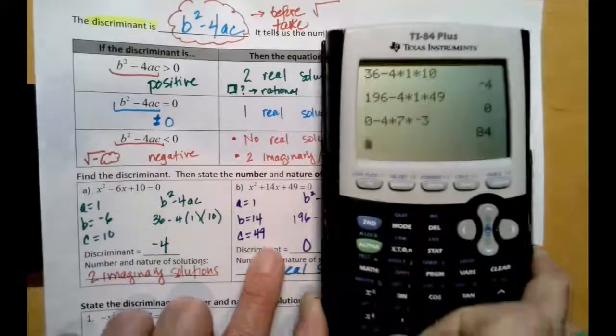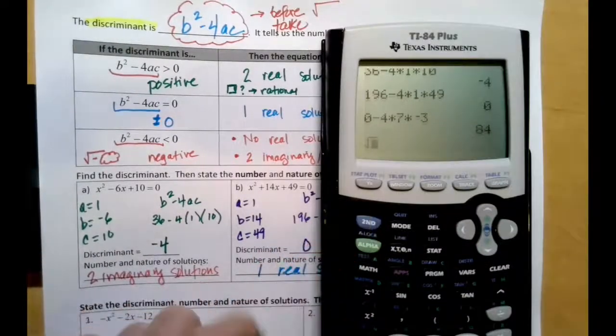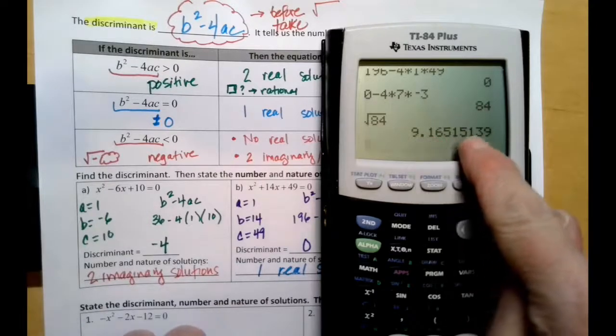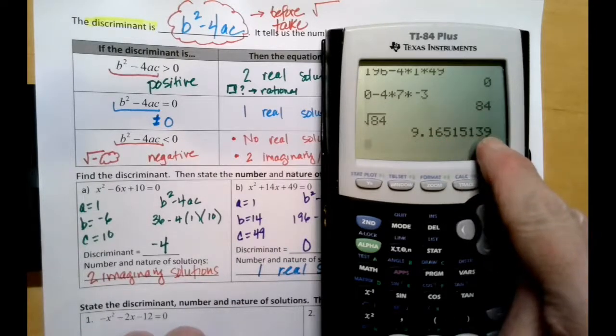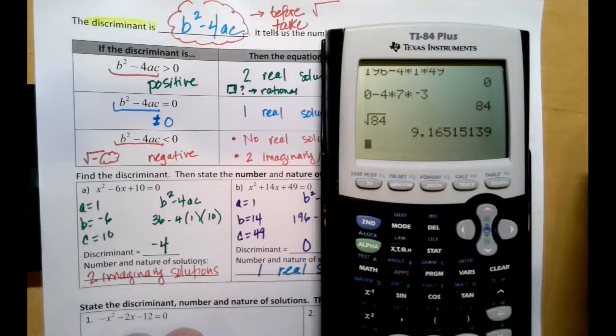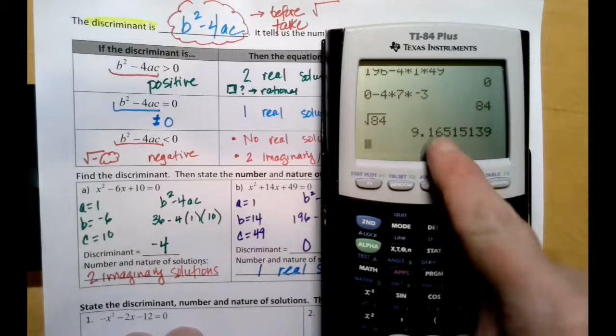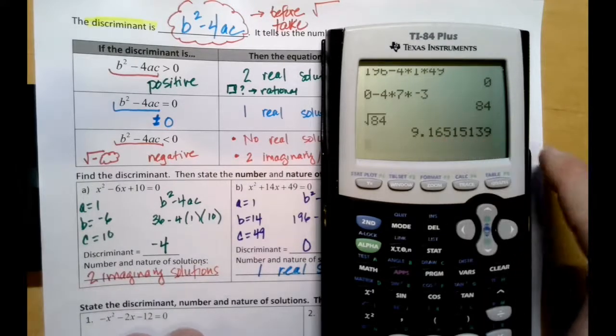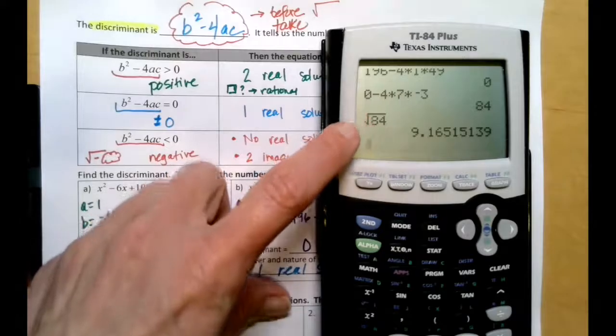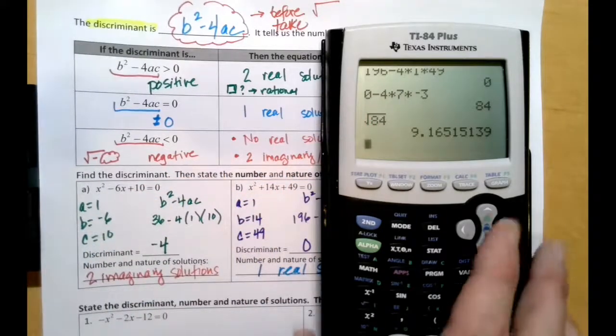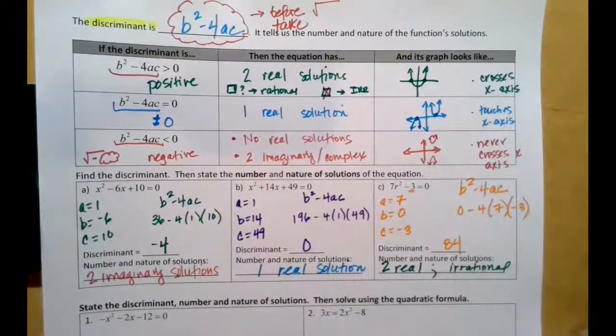If you're ever unsure, try to take the square root of the value you get. The only reason my digits stop is because my calculator is out of spaces. This is an irrational number, it goes on forever and ever. You can simplify it, but you cannot get a clean square root of a number that's not a perfect square.